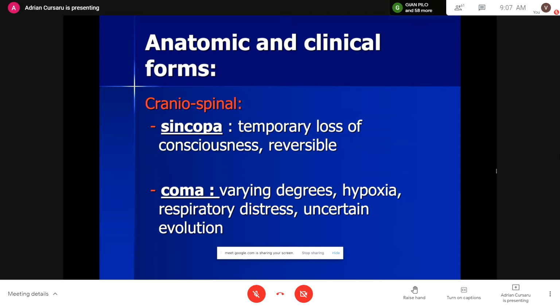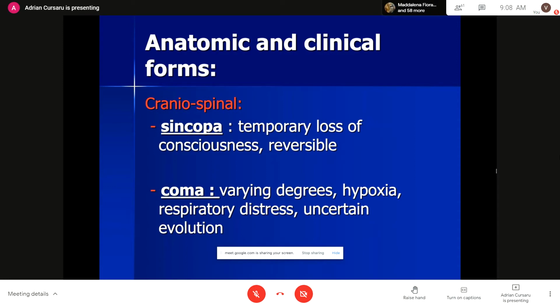You have to make a difference between syncope and coma. It is very important to know what is syncope and what is coma. We have a scale for coma, and we will discuss later these important classifications of coma. In syncope, we have a temporary loss of consciousness, and it is reversible.